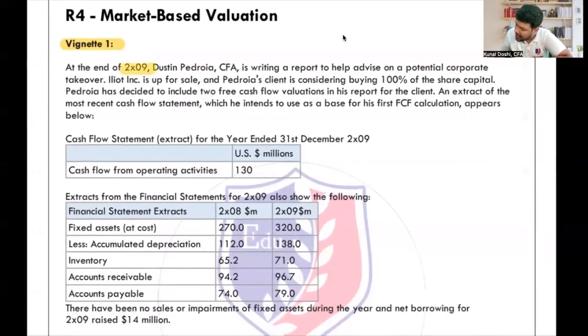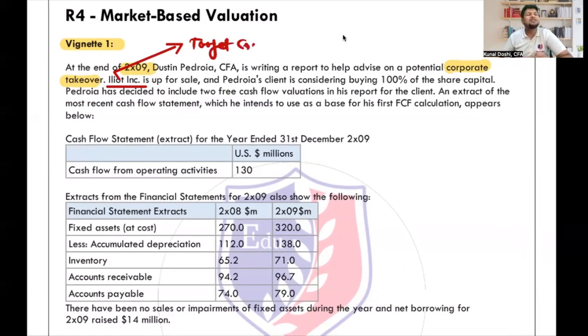At the end of 2009, CFA is writing a report to help advise on potential corporate takeovers. Elliott Inc. is up for sale. So that's my target company, which we are planning to acquire. I'll just write it down for my reference.